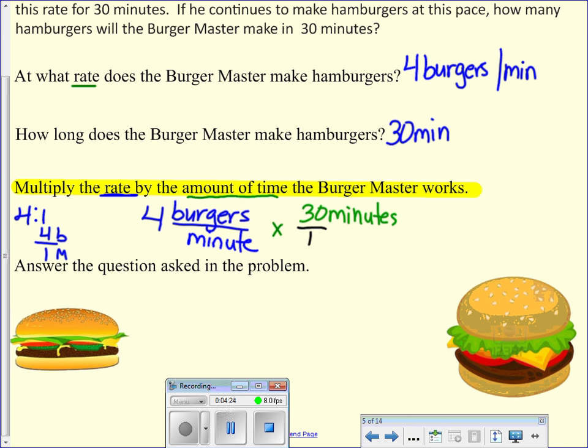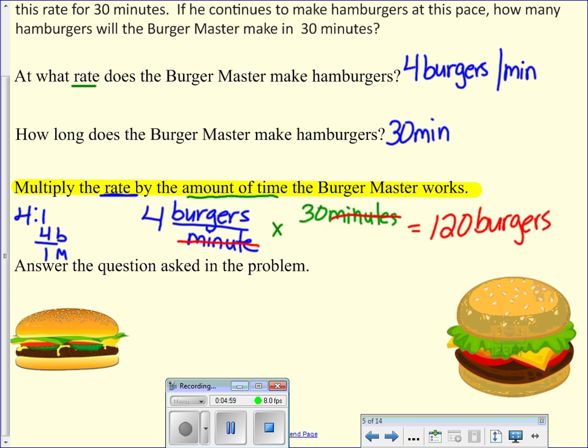Before we go ahead and multiply our numerators and our denominators, what can we do? What do we know when multiplying fractions that we could do? We can cross-reduce. So if I have minutes here and I have minutes here, I can cross those out. So now I'm left with 4 burgers times 30. So what's 4 times 30? 120 burgers.